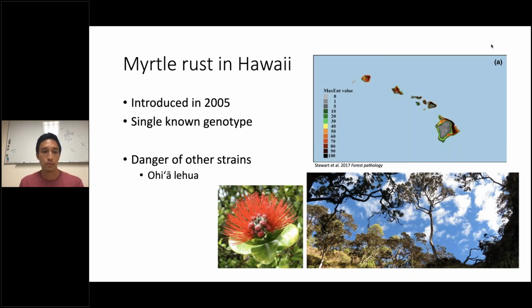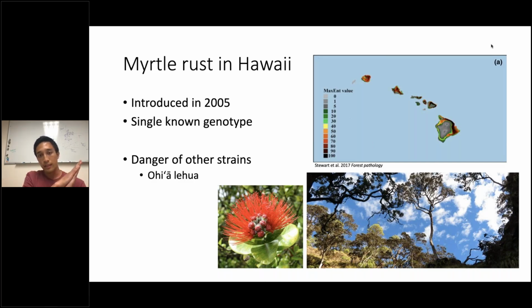But there were some studies in 2014 looking at the virulence of other strains present in Brazil on Ohi'alehua, which is the dominant canopy of Hawaiian rainforest, and they do seem to be fairly virulent. So there are some dangers of those strains.